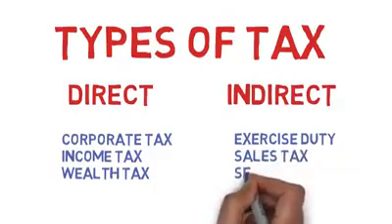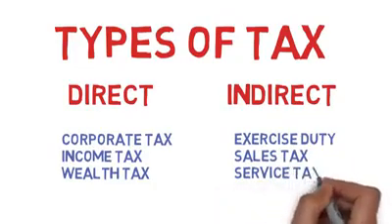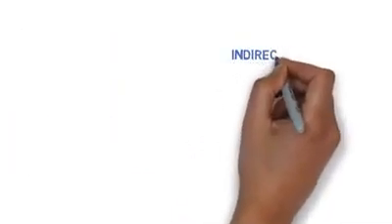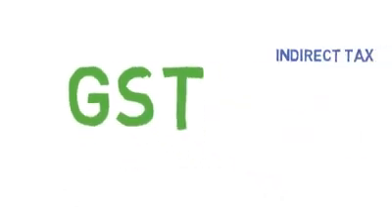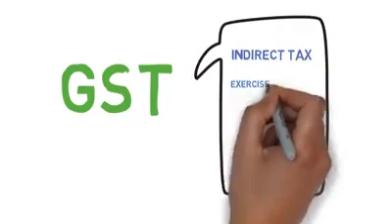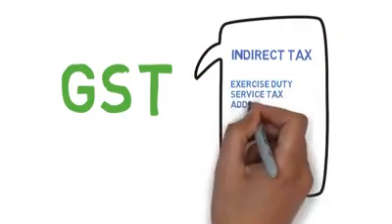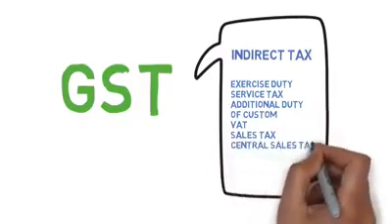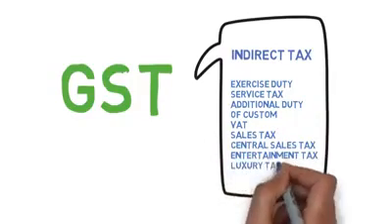It is central excise tax, sales tax, services tax, etc. Here, the point of interest is indirect taxes, because GST will replace all indirect taxes, which includes excise duty, service tax, additional duty of custom, VAT, sales tax, central sales tax, entertainment tax, luxury tax, etc.